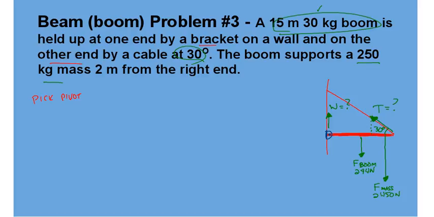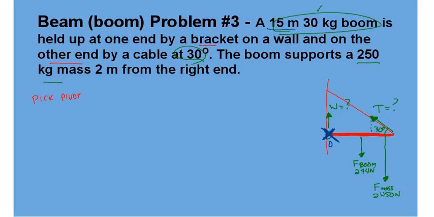So it makes sense to me to pick this as my pivot point, where the wall touches the beam or through that pin, whatever. I need to measure the distance from that pivot point to all 4 forces. And from the pivot point to W would be 0.